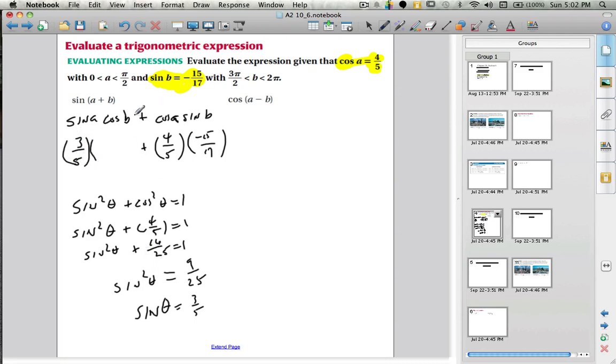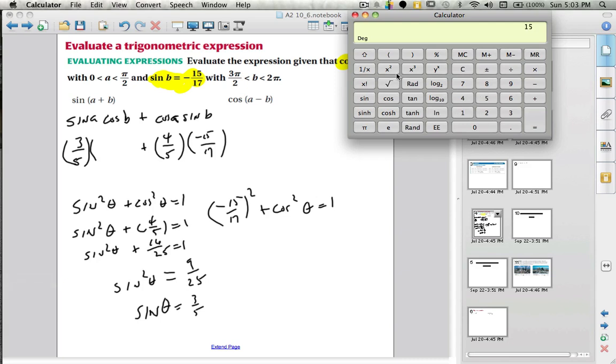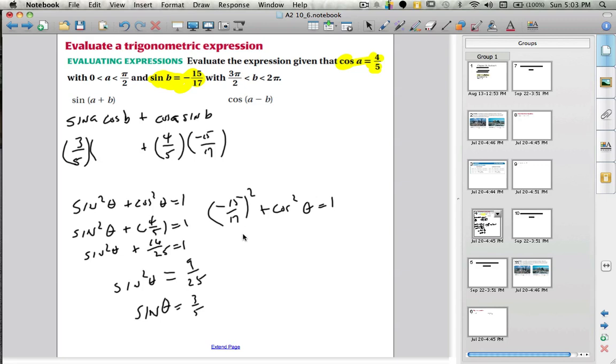Now if I want to find the cosine of B, I can do the same thing with B. I know that negative 15/17 squared plus cosine squared theta is equal to 1. Right, so 15 squared is 225 and 17 squared is 289, so I'll have 225 over 289 plus cosine squared theta is equal to 1.